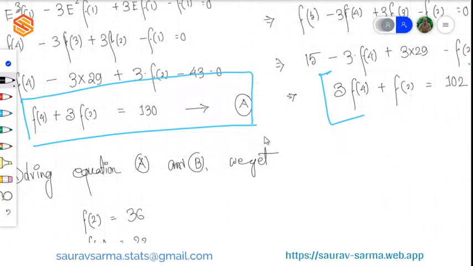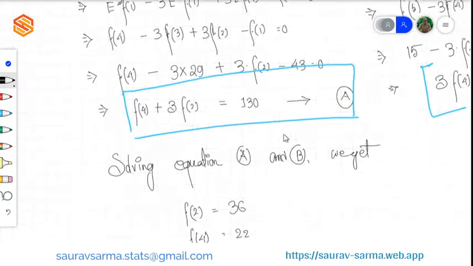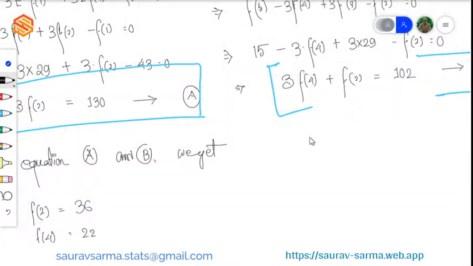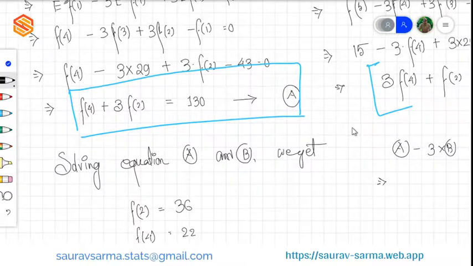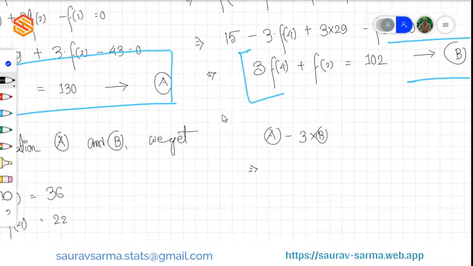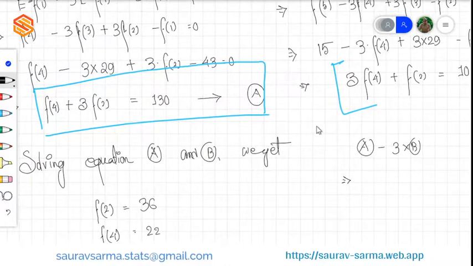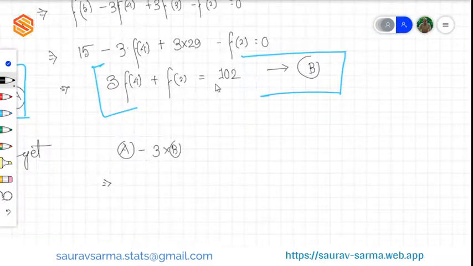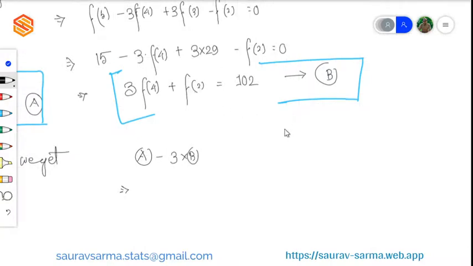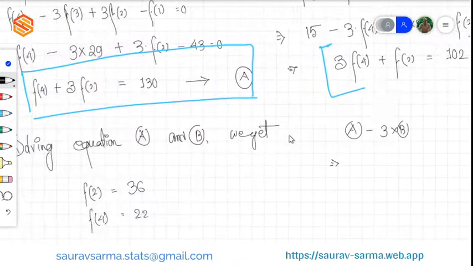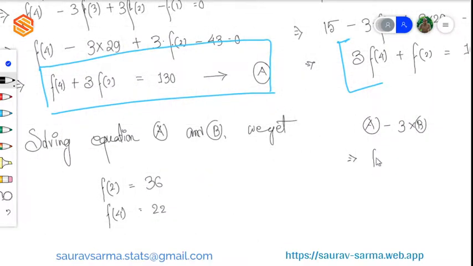Now you can verify this. You can verify by multiplying either one by 3. Let's say A minus 3 times B. A is f of 4 plus 3 times f of 2.